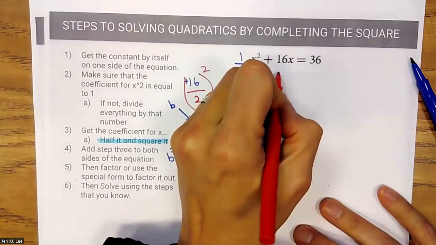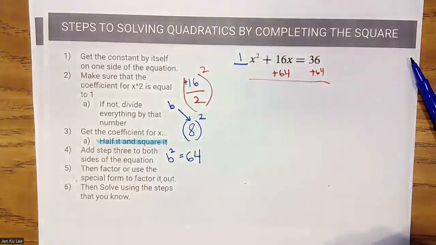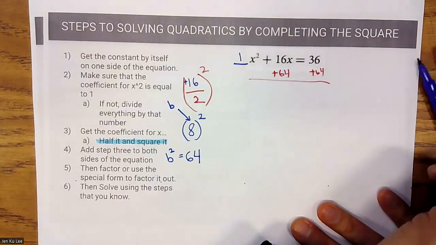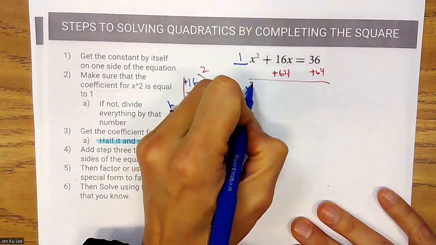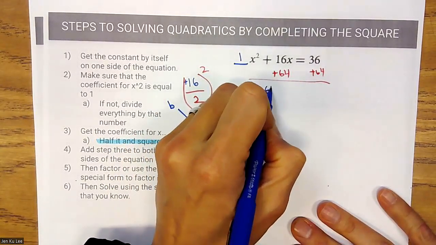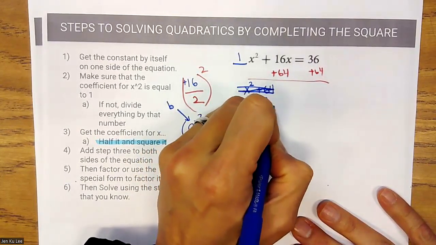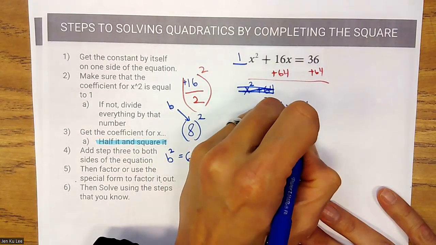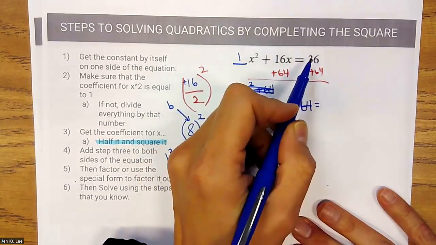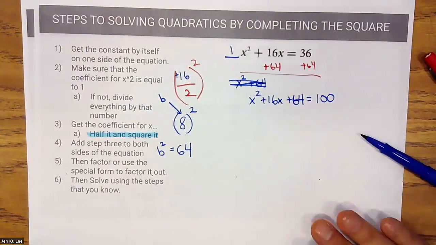Okay? So we're going to add 64 here, add 64 here. And there's a little twist when there's a coefficient on x squared, but we'll attack that later. So x squared plus 16x plus 64 equals 36 plus 64, that's 100, right?